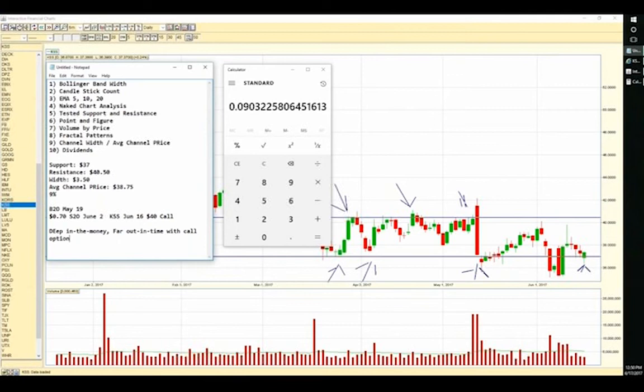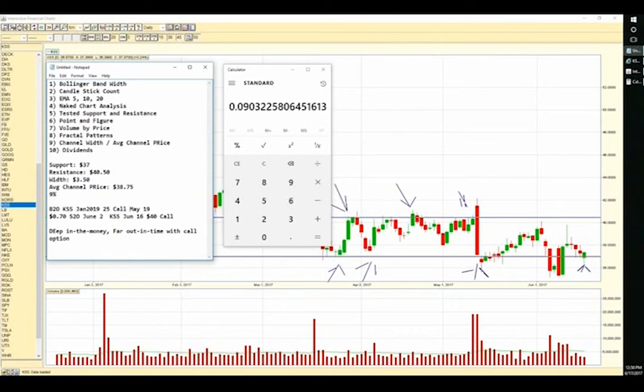So in other words, instead of buying to open shares of Kohl's on May 19, we bought to open the January 2019 $25 calls. So these options are not going to expire until January of 2019.